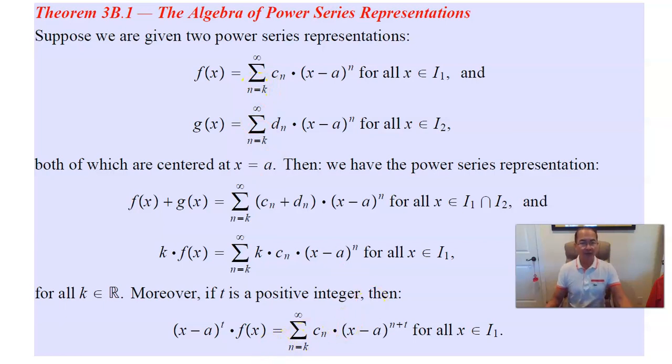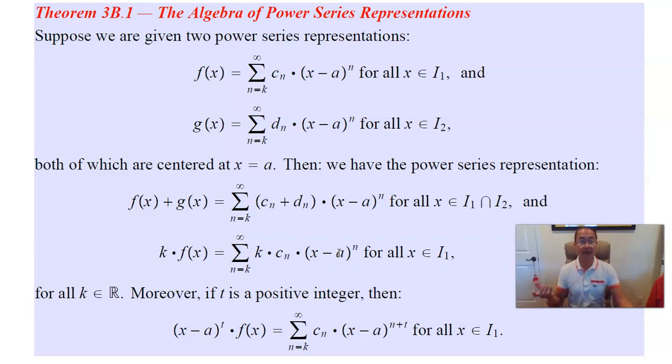More generally, you can multiply both sides of this representation by a power of x minus a, and we'll make it a positive integer. It's kind of like if you have x squared times x to the n, you'll just get x to the n plus 2.